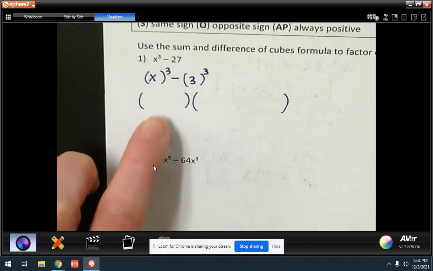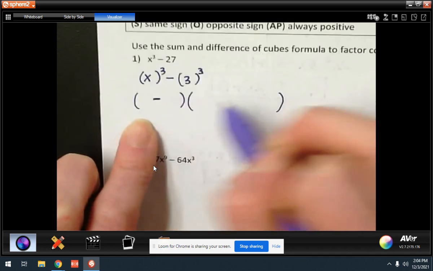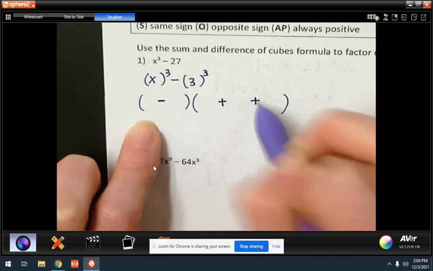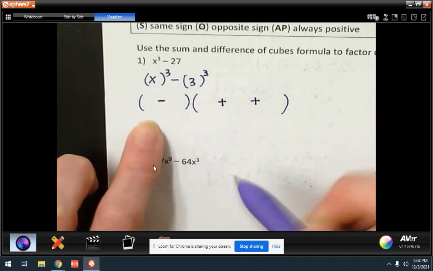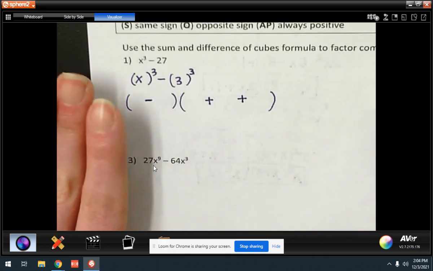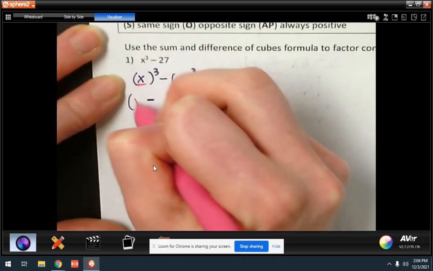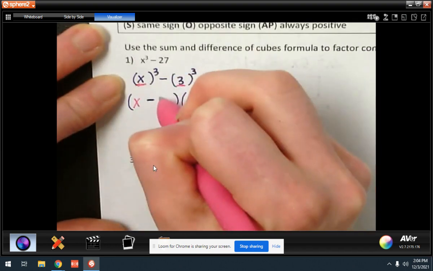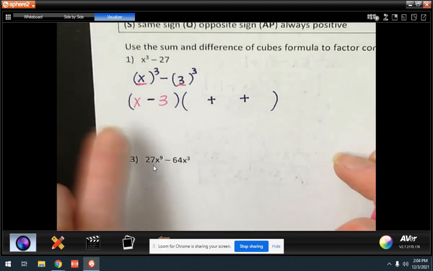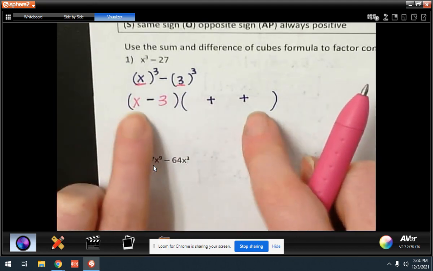And so I fill in the signs first. So same, opposite, always positive. Once you've put those signs in, you're going to ignore signs for the rest of the time. And then this x goes right here. This 3 goes right here. That's going to be your linear factor. For your quadratic, this is what I say in my head when I'm doing these problems.